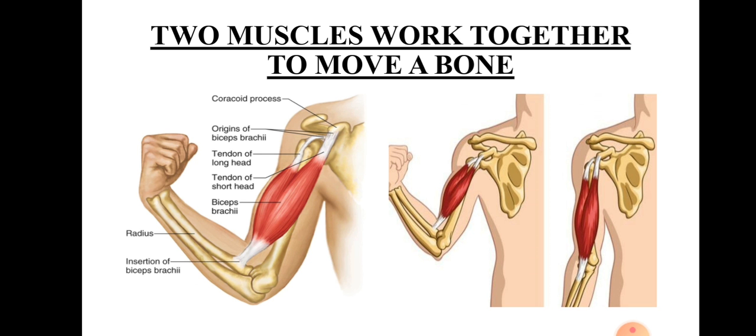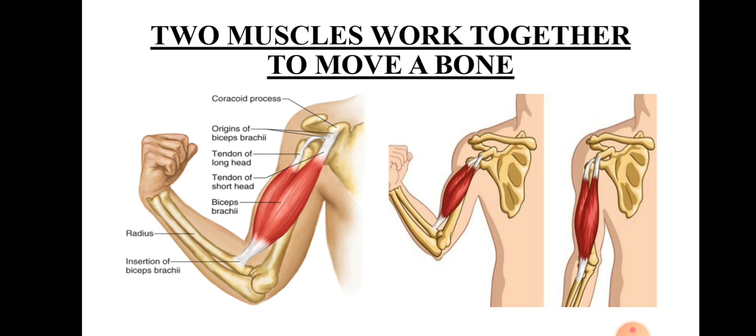The flexors contract to bend a limb at a joint. Then when the movement is completed, the flexor relaxes and the extensor contracts to extend or straighten the limb at the same joint.